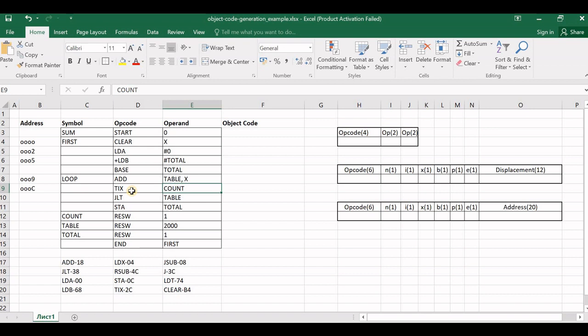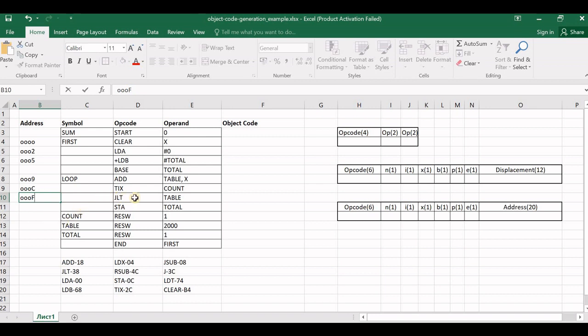So it is not in format 1, 2 or 4, so obviously it must be in format 3. According to instruction formats, format 3 occupies 3 bytes. So it starts at address C and occupies C, D and E. So the next instruction starts at address F.